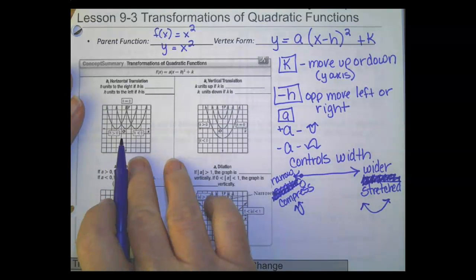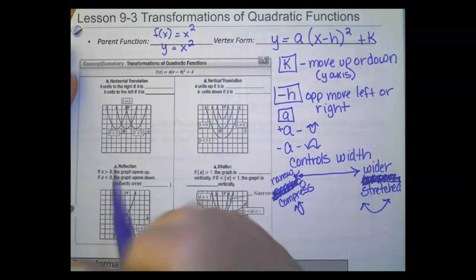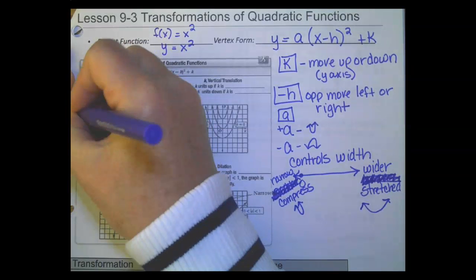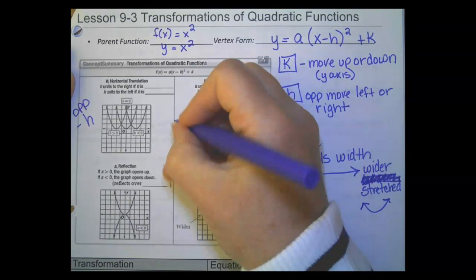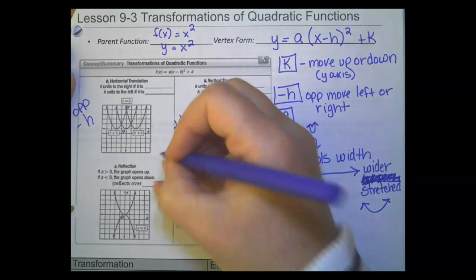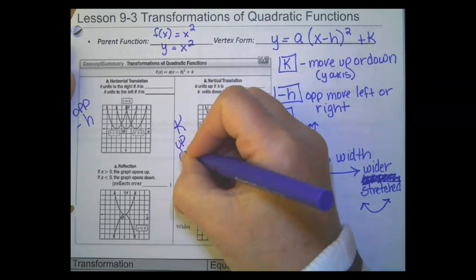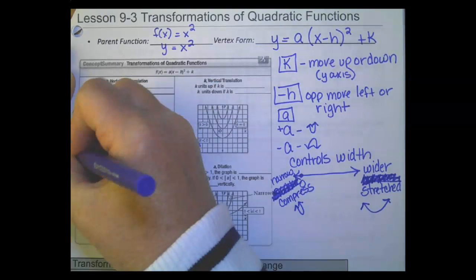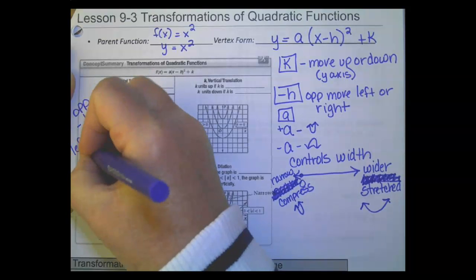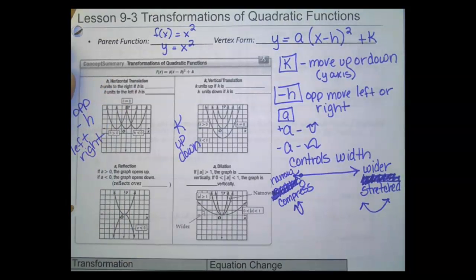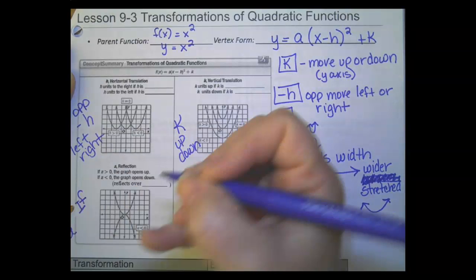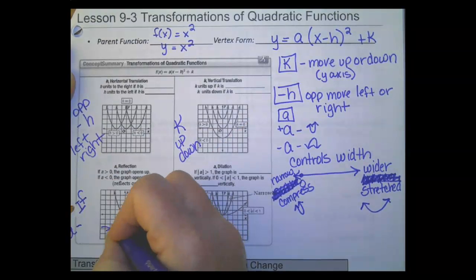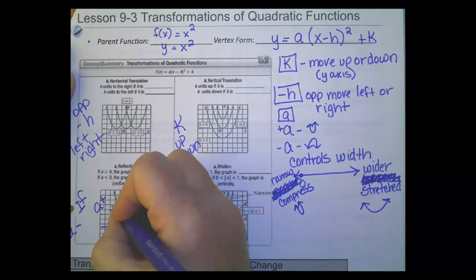Okay, so here it's talking about your h movement. It's the opposite move. This one is your k, and it's going to move you up and down. Put left, right. Your a, if a is negative, then it looks like this. If a is positive, it'll look like that.